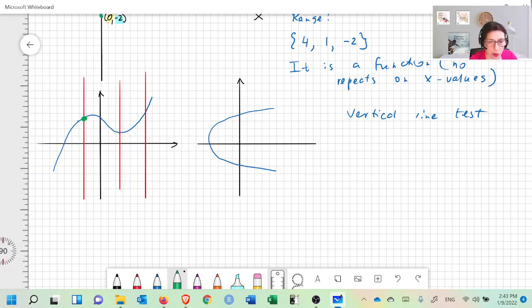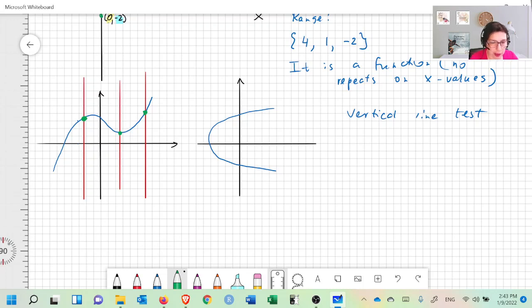Intersect means they're the same point. So the first vertical line only intersects at one point, the second one only intersects at one point. No matter how many vertical lines I draw, they only intersect at one point.